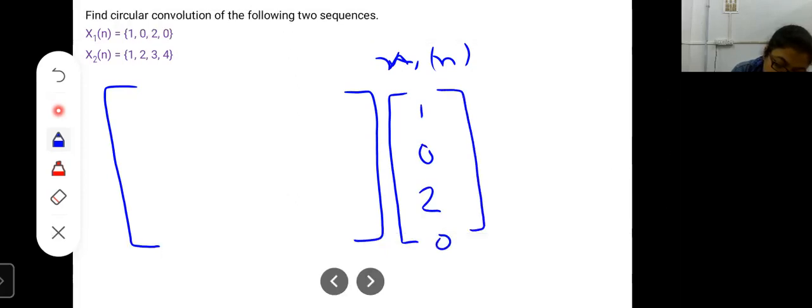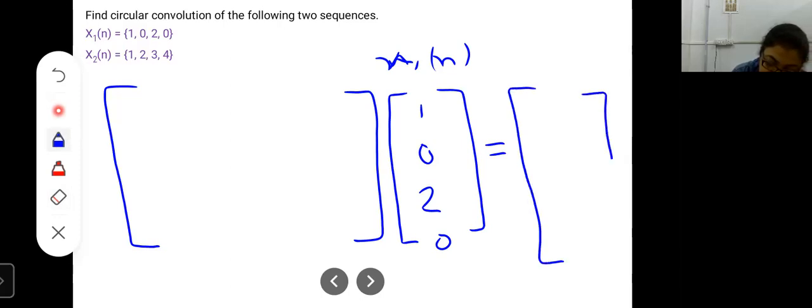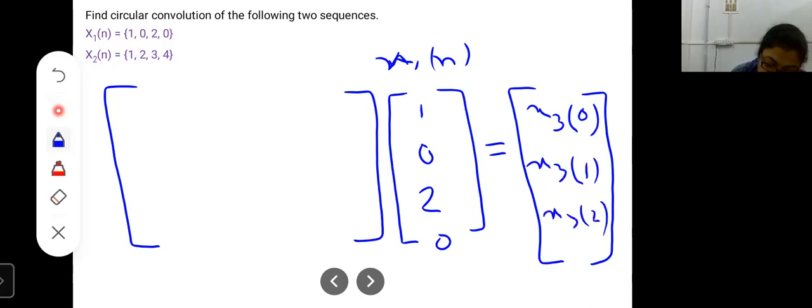So this gives you x3(m). Or you can write x3(m) in the form of a one-dimensional matrix like this. So first value should be x3(0), then x3(1), x3(2), and x3(3).